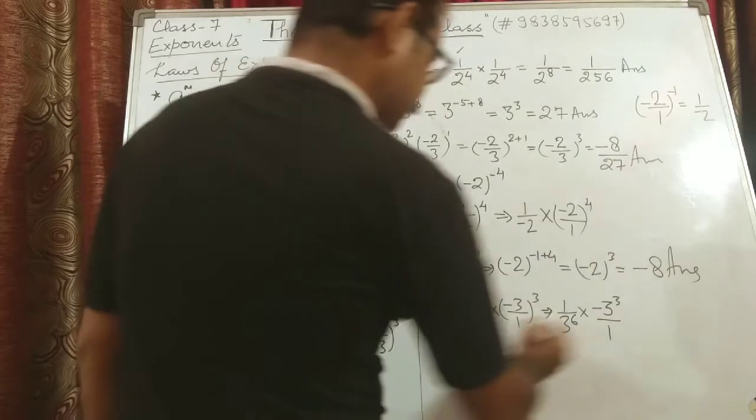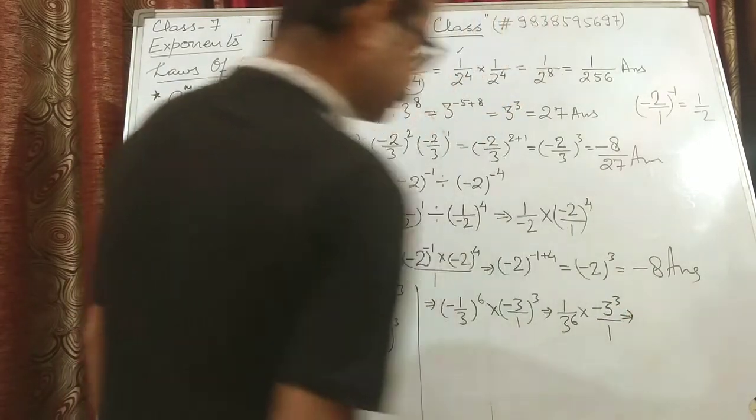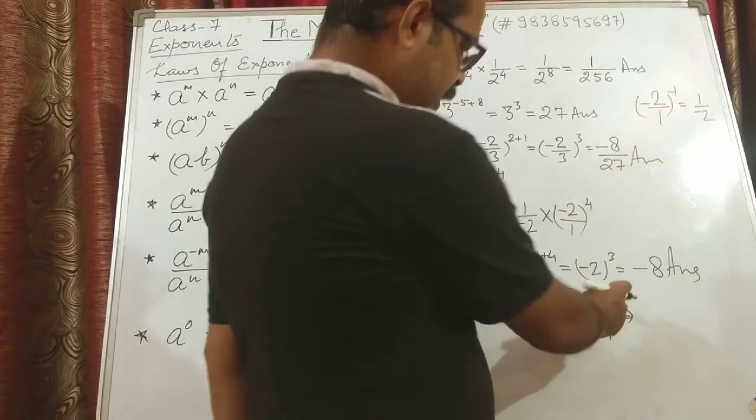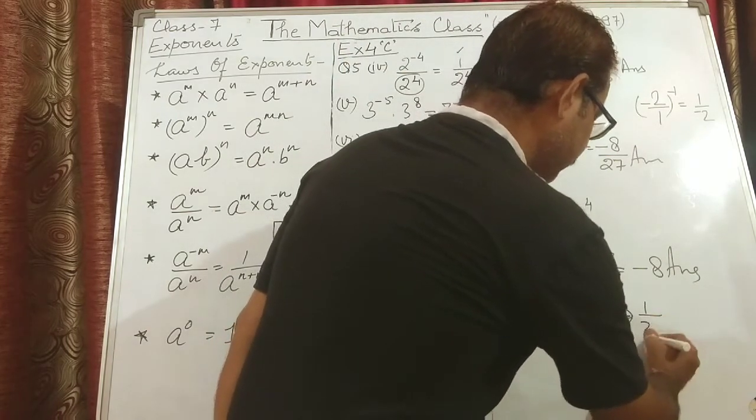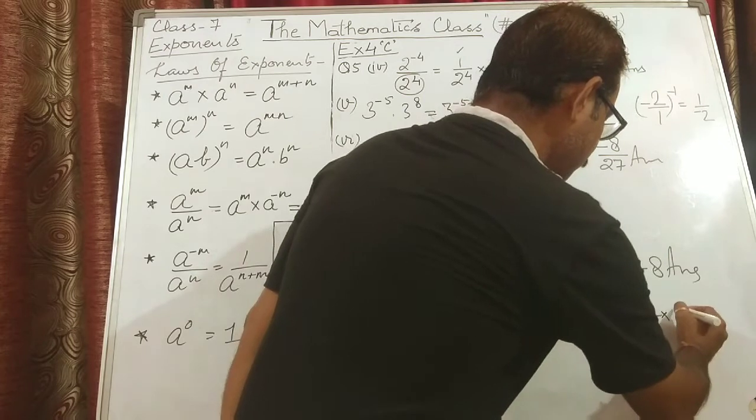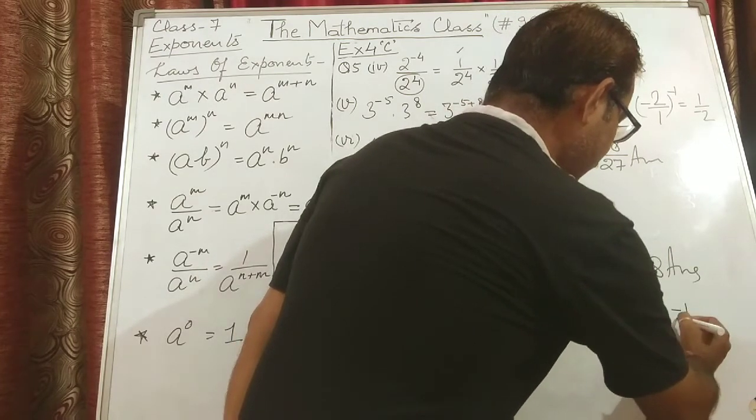Now what we can do in this, if we bring this minus 3 to the denominator, means 1 upon 3 to the power 6 into 1 upon minus 3 to the power 3.